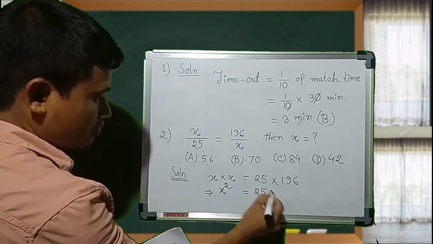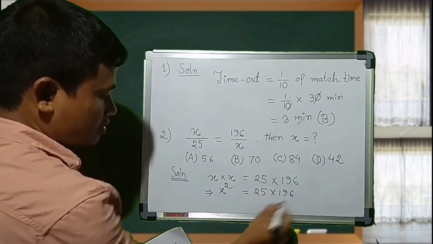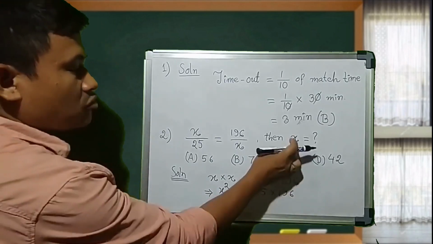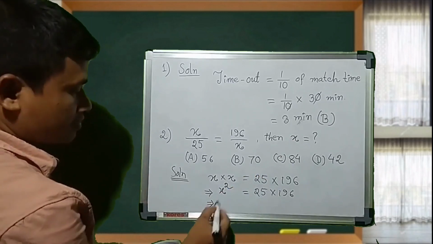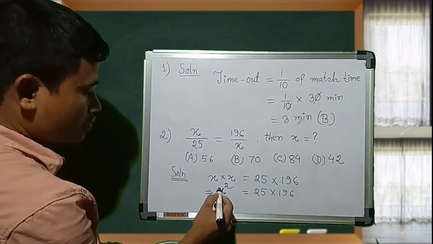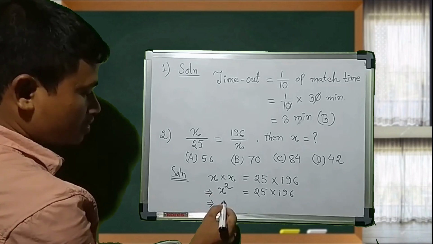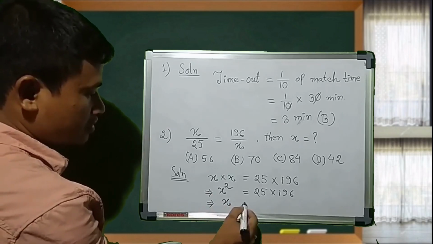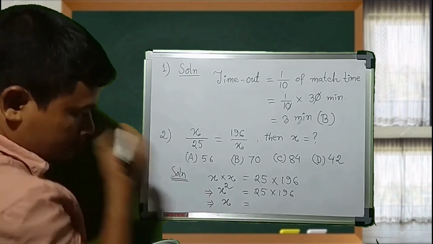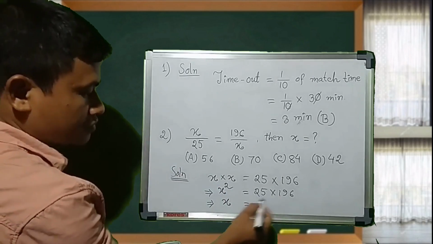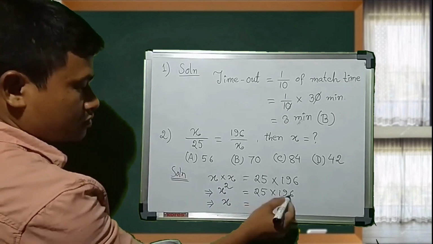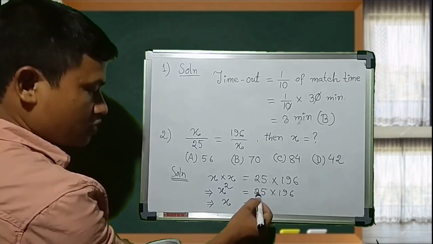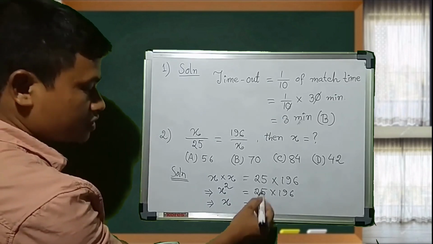And 25 into 196. So we have to find the value of x. That is why we have to take the square root. If we take the square root of x square, we get x. Now the square roots of both of the numbers will be taken. What is the square root of 25?